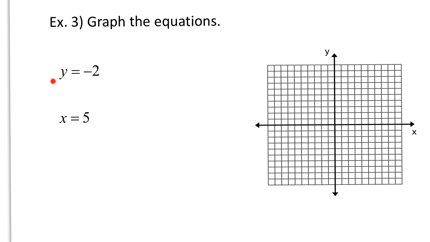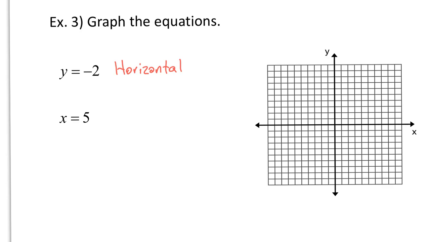So here we have y equals -2. Notice that x is missing. You don't have an x, you have y equals -2. When the x is missing, that's going to be a horizontal line. So I'm going to put it here, horizontal. The way you graph, you go to the y-axis and go to that specific number, -2.